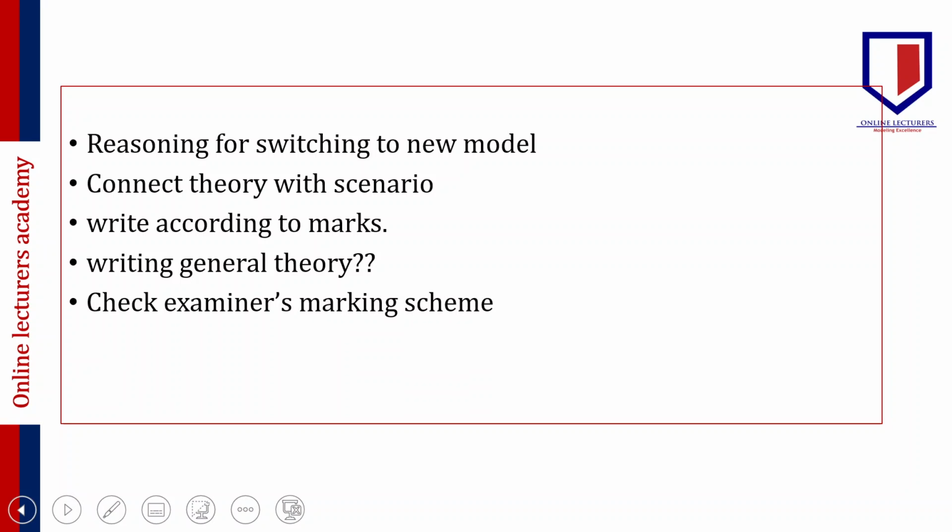Check the examiner's marking scheme. Obviously this is not the time to do that, but at least try to check 2 to 3 examination papers, to see how the examiner has structured the answer of any question. I always say in my class that it's as if we are employees of a company and we want bonuses, and we are working really hard day and night to get that bonus, but we are unable to get it because we don't know on what criteria that bonus is based.